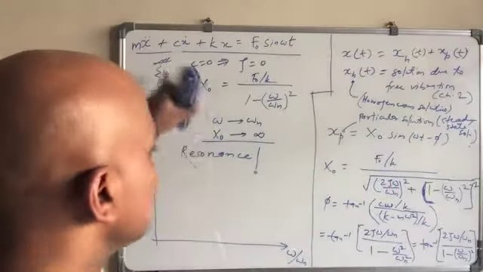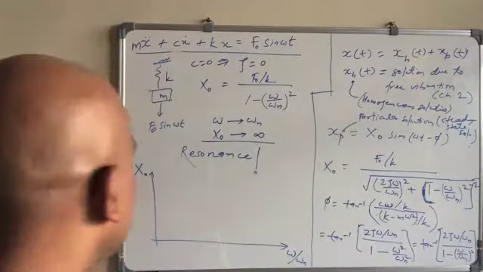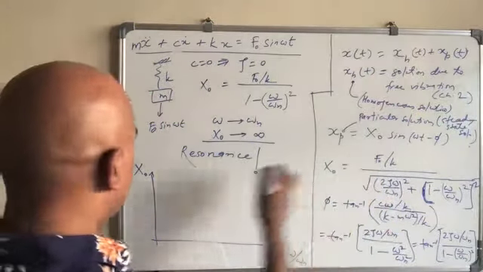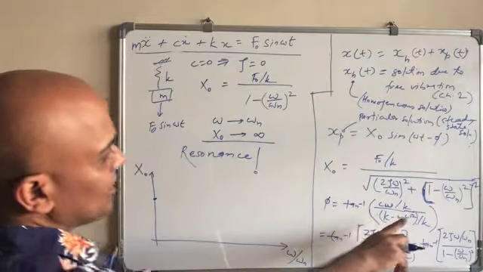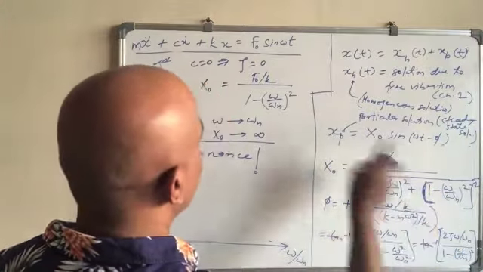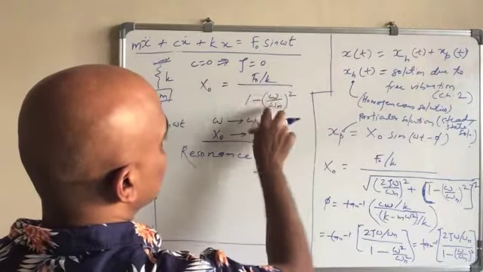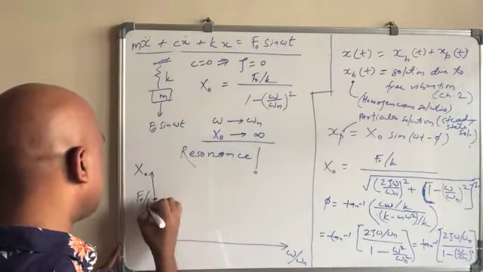When zeta equal to 0 and omega equal to 0, what do you get? F naught over k. So it will start from F naught over k.